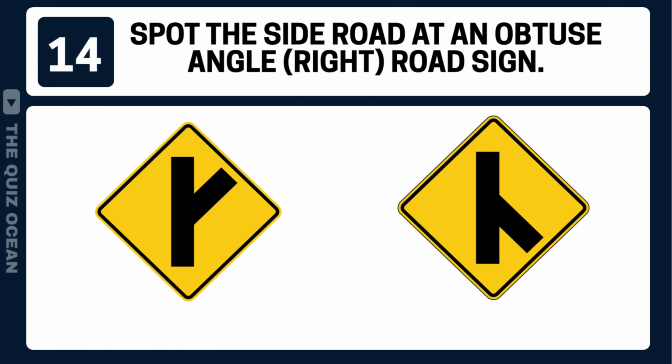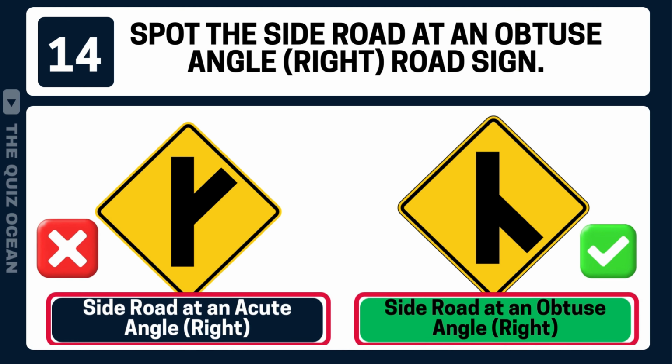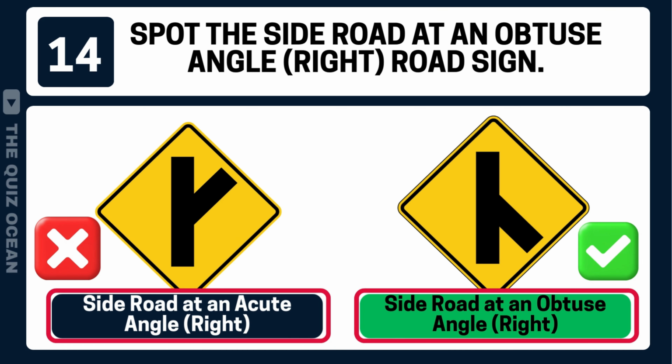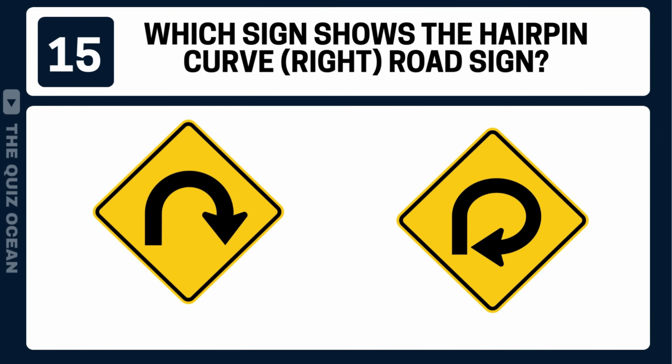Spot the side road at an obtuse angle right road sign. Which sign shows the hairpin curve, right road sign?